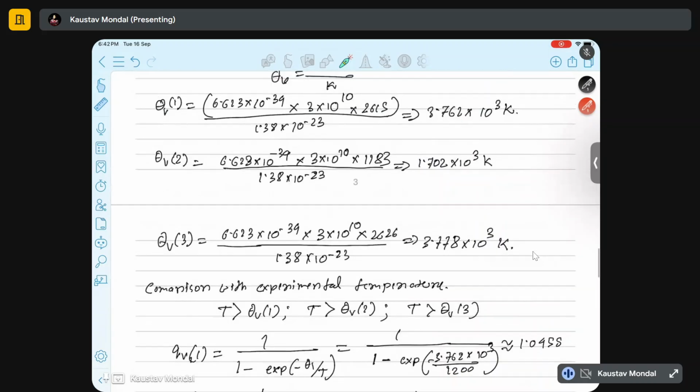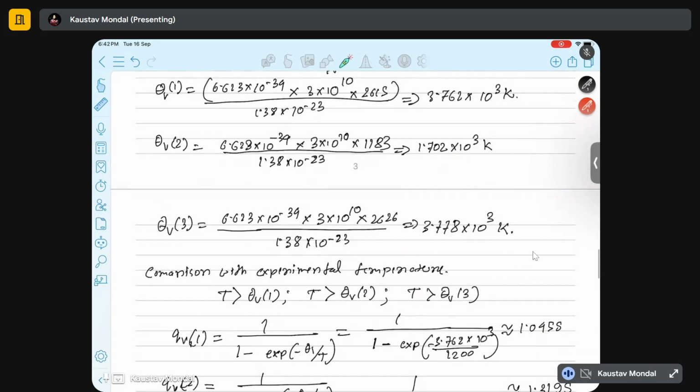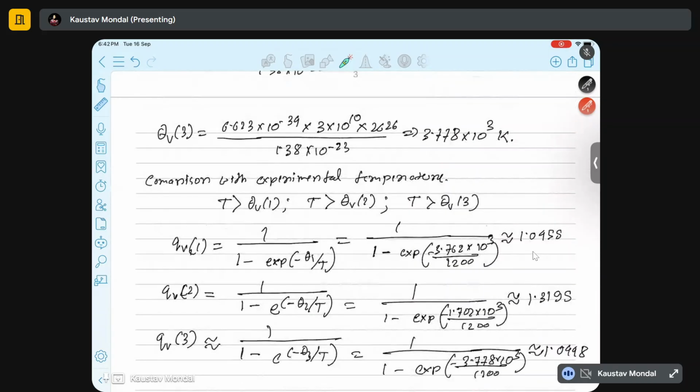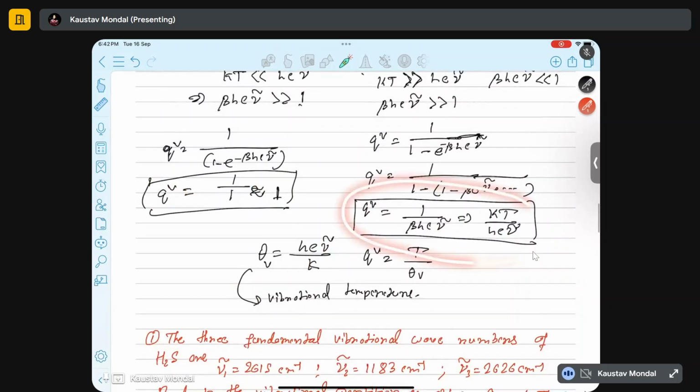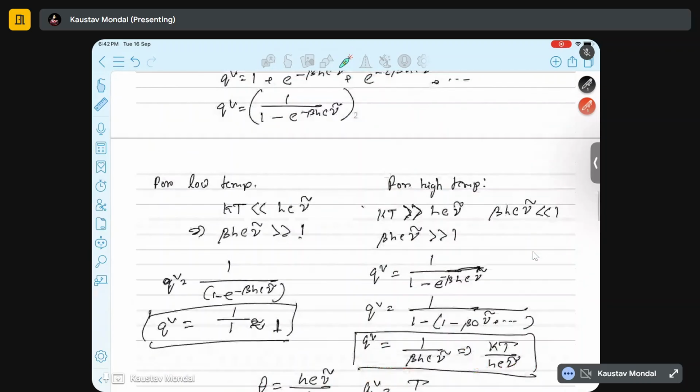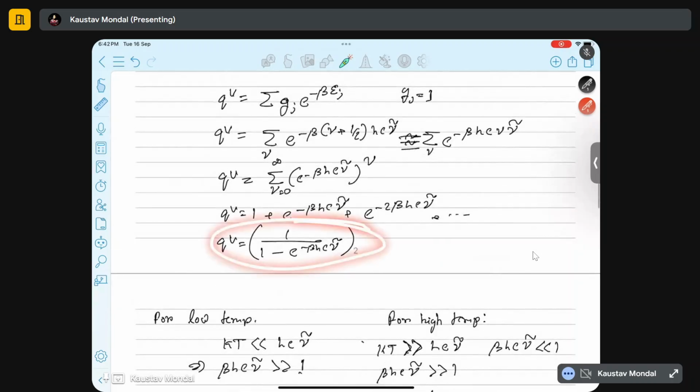We have compared with the experimental temperature, and we found that for all three cases the temperature is higher than the vibrational temperature, theta v1, theta v2 and theta v3, right? So that means we cannot simply use this reduced formula. We have to use the original formula, the mother formula here.